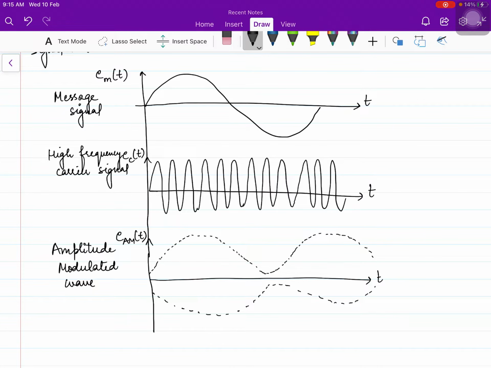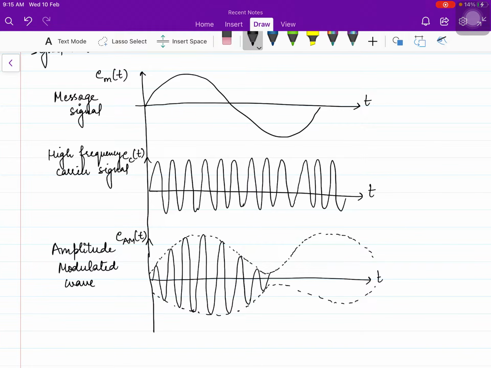This is the strategy to draw the amplitude modulated wave, and in the envelope we draw the carrier signal, because only the amplitude of the carrier is changing, not the frequency. So the frequency will look the same as that of the carrier signal, but as you can see, the amplitude of each cycle is changing according to the message signal. At this particular time, the amplitude of the message signal was this.